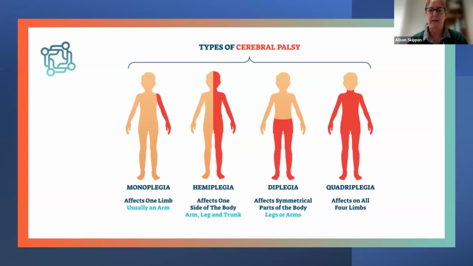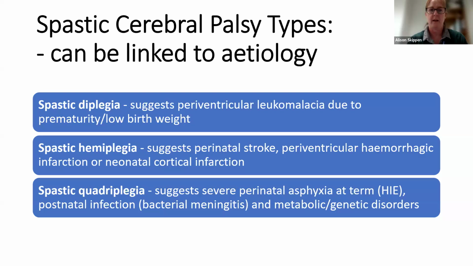So I just mentioned again the different types of cerebral palsy here. And depending on the type that you find, whether you have hemiplegic, spastic diplegia, or spastic quadriplegia, that can also give you an underlying reason, or a thought process about what might have caused it.